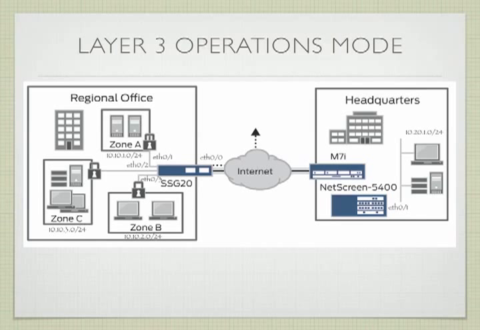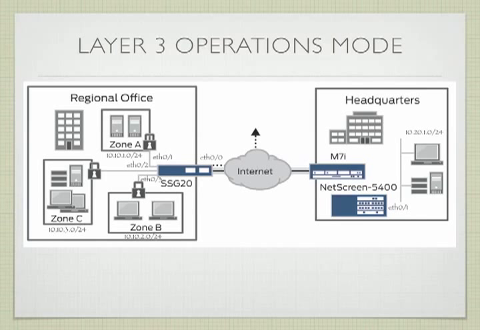We have a headquarters that is connected to the internet and using a NetScreen, and we have a regional office connected to an SSG-20. They have an IPsec VPN tunnel that connects between them, and you can see listed on the diagram are the IP addresses in use by the zones and subnets at the two offices.